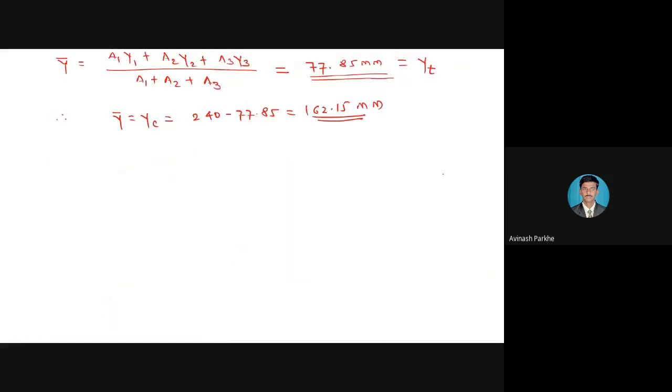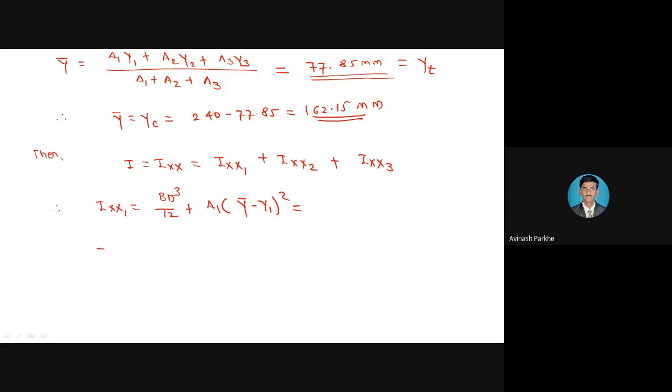Now again the section is unsymmetrical, therefore we have to go for the calculation of capital I, which is Ixx equal to Ixx1 plus Ixx2 plus Ixx3. Now immediately do the calculations. Ixx1 is equal to BD cube by 12 plus A1 in bracket y bar minus y1 bracket square.